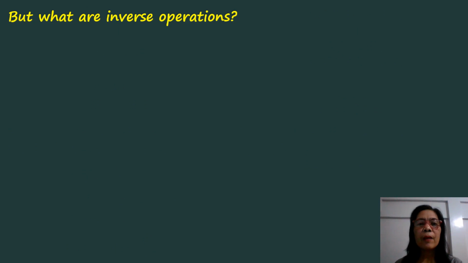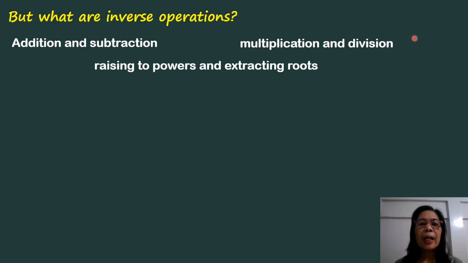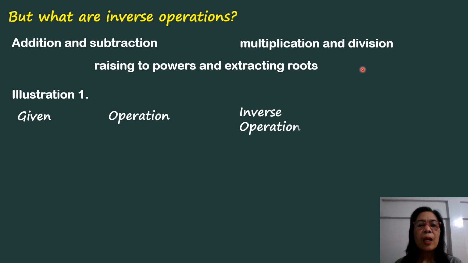Let us have a clearer understanding of how inverse operations work together. We know that addition and subtraction, multiplication and division, raising to powers and extracting roots are inverse operations. So let us illustrate how they work together. Let us say we are given a number 20. If we add 5 to 20, it will give us 25.